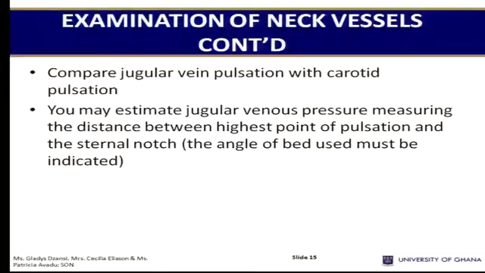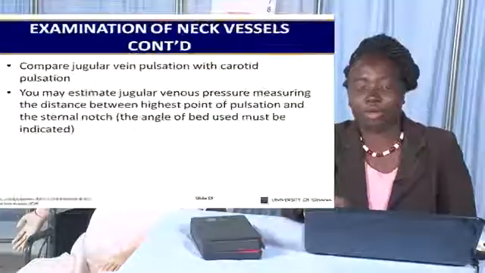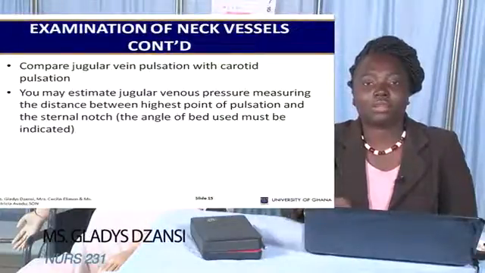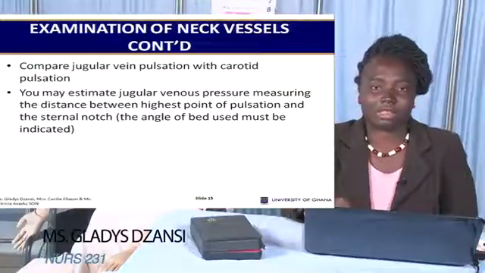You may estimate jugular venous pressure by measuring the distance between the highest point of pulsation and the sternal notch, with relation to the angle of the bed that you have used. This is a procedure that you will find in the video. So watch the video and see how the angle of the jugular venous pressure is measured.